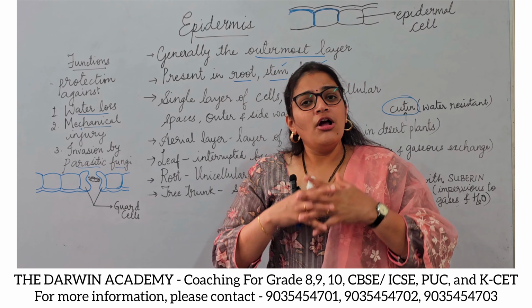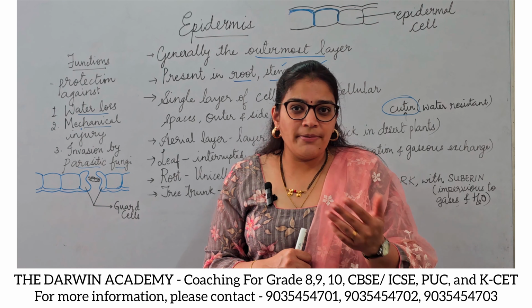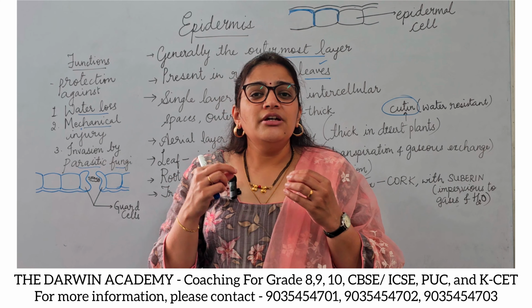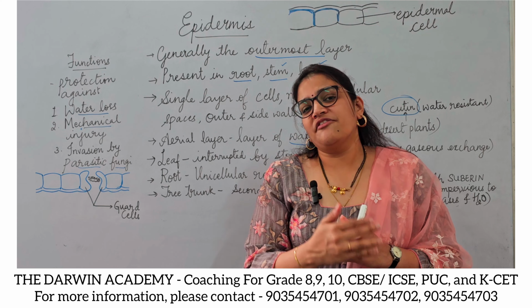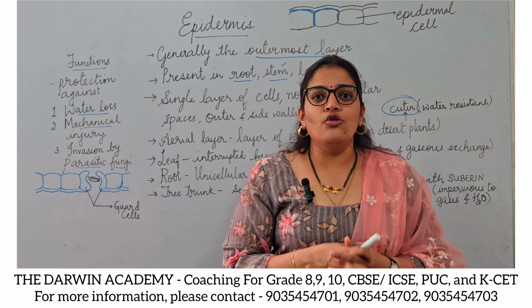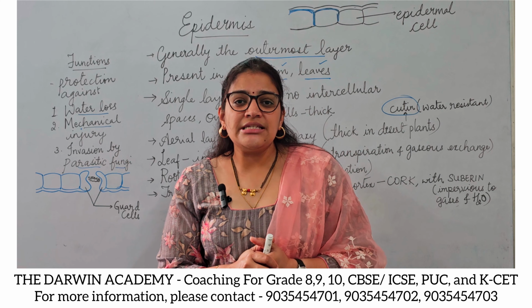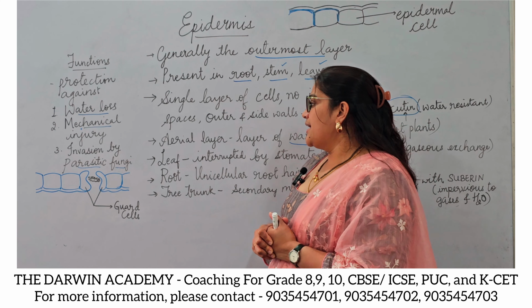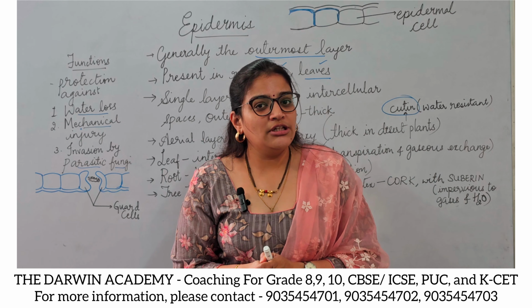But in all the other plants growing in other places, such as tropical climates and temperate climates, the layer of wax on the outer surface of the epidermis is slightly thin when compared to those in the desert plants. And we especially see this waxy layer on the aerial parts of the plant, generally on the leaves and on the stems.